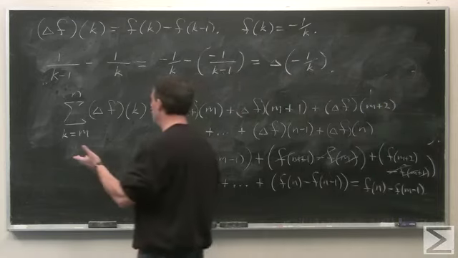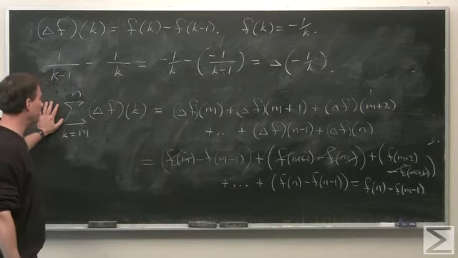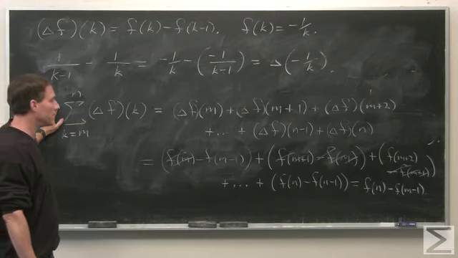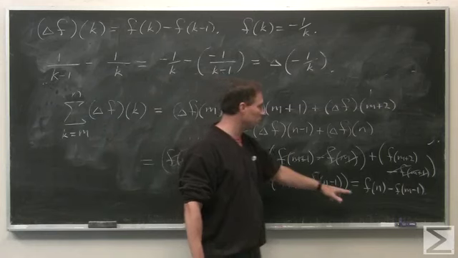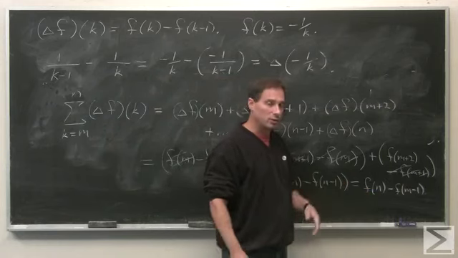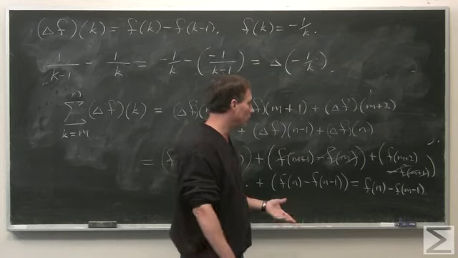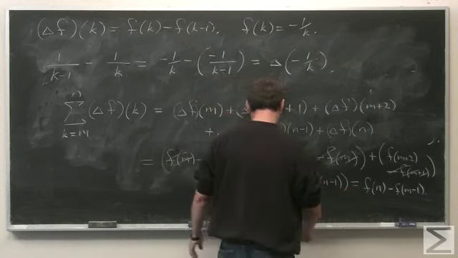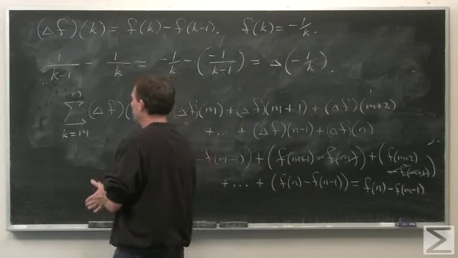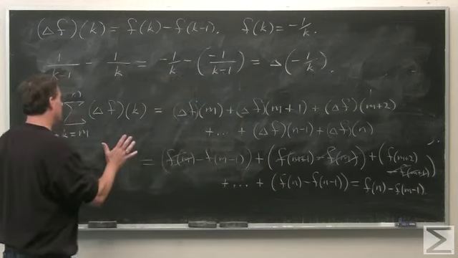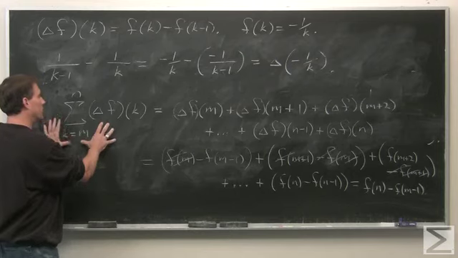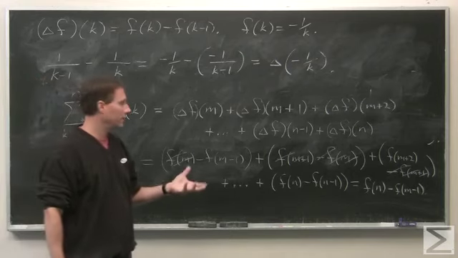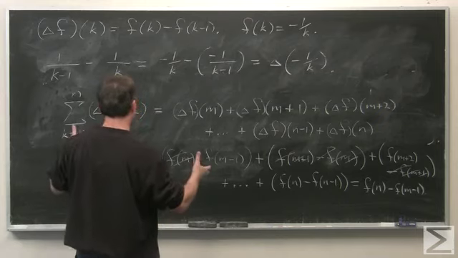Right? And the fact that we can write a formula for the partial sums in a telescoping series means that you take the limit of this as n goes to infinity, and you can tell whether it exists or not if f is manageable. So what's the actual definition of a telescoping series? Well, it's a series that you can write in this form where there's a clear f that you've got delta of.